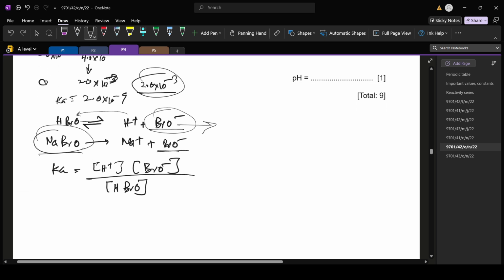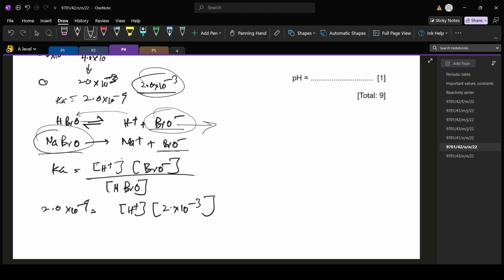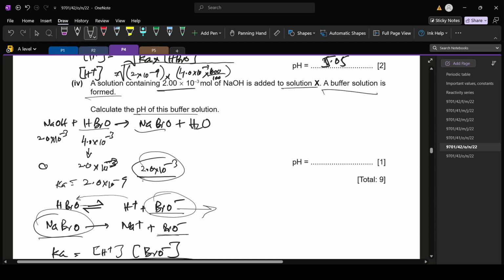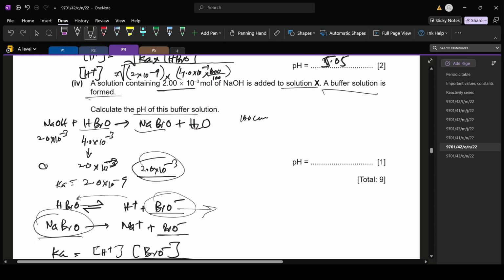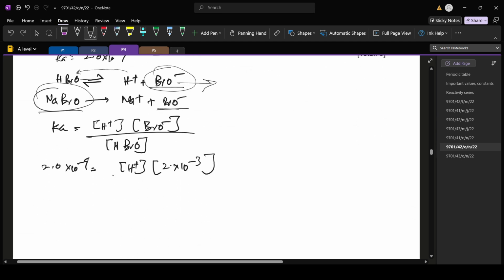And what is the value of Ka? It's 2.0 into 10 to the power minus 9. You have to find out the concentration of H plus ions, and the concentration of BrO minus will be 2 into 10 to the power minus 3. I'm writing here the moles. It's actually not the concentration, but the volume is constant, it's 100 cm cube, so we are ignoring it.